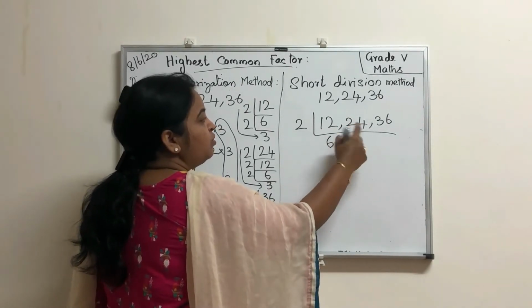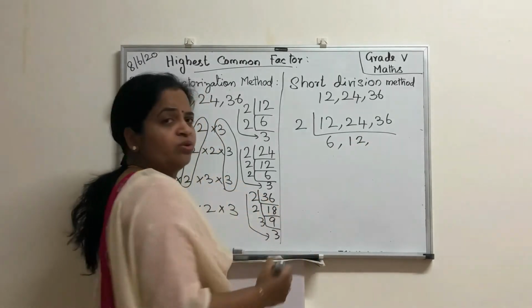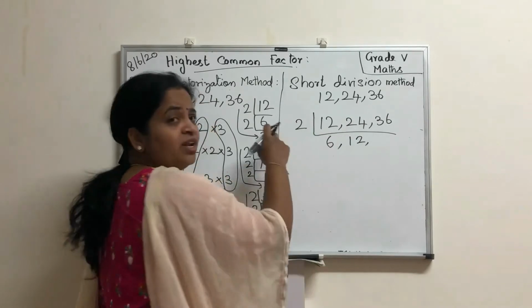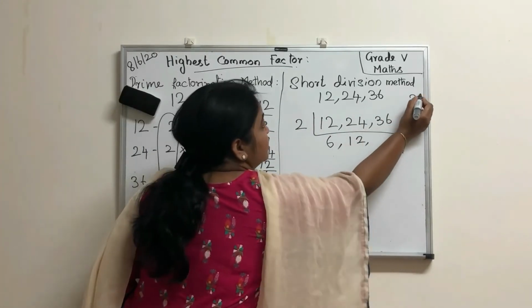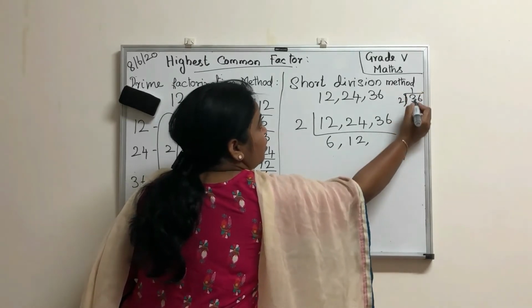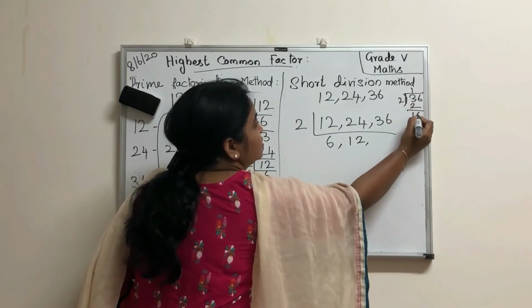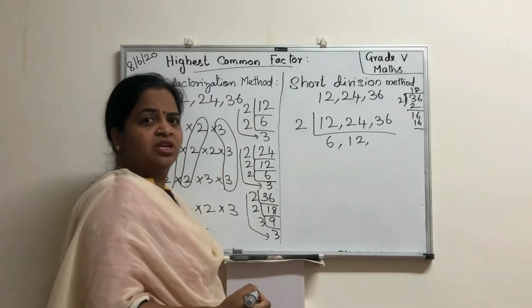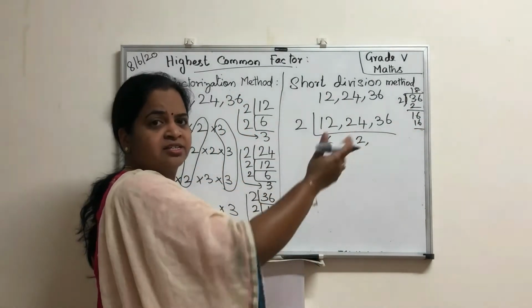2 ones are 2, 2 twos are 4, so 12. 36 divided by 2, if you cannot do it directly, you can do it like this. 2 ones are 2, 16, 8 twos are 16, so 18. You can use the right hand side.